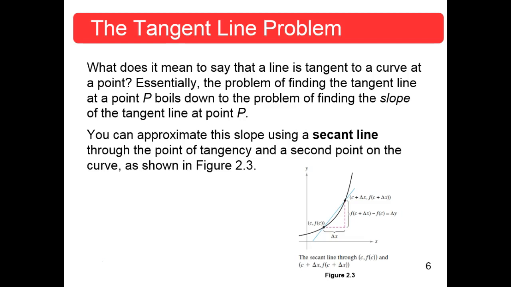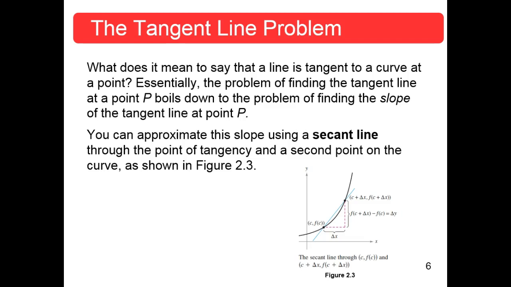So here this change of y is f of C plus delta x minus f of C. That's the length of that little segment there. That's your change of y. Your change of x is C plus delta x minus C. Well, that's just your delta x. Now, there's the slope of your secant line.